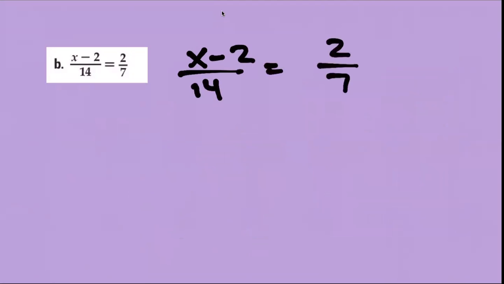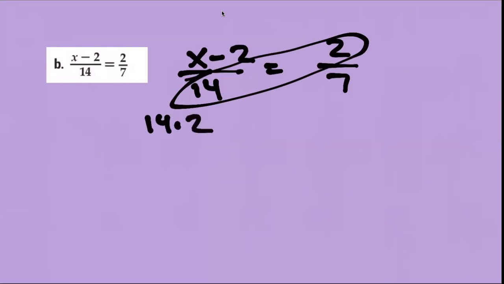All right, let's try another one. So on this one, it's going to be the same kind of thing. The only difference is you're going to have to do a little distributive property with this one, and that's okay. So let's do this first because that's easy. So 14 times 2. And then over here, you're going to have 7 times, and then treat this like it's in parentheses.